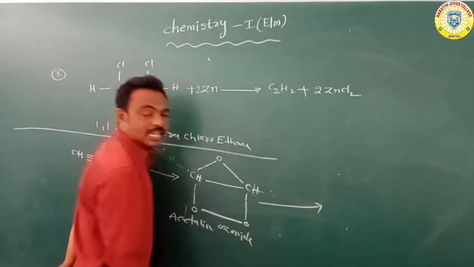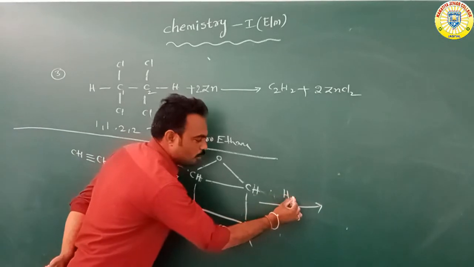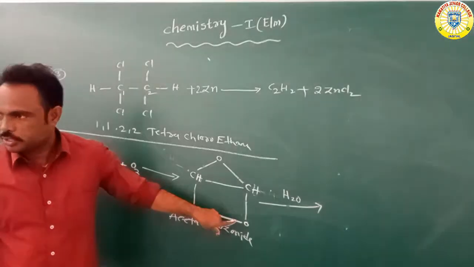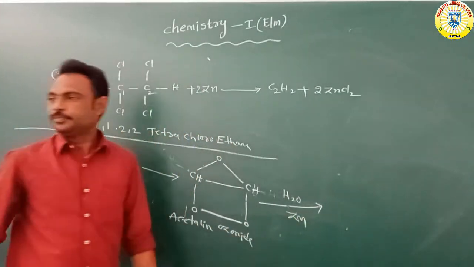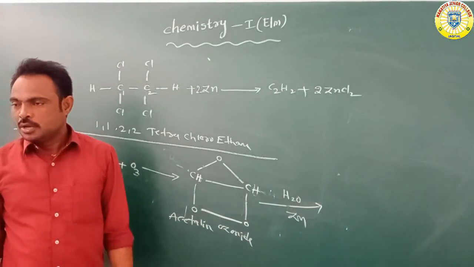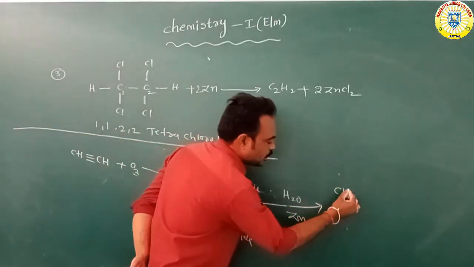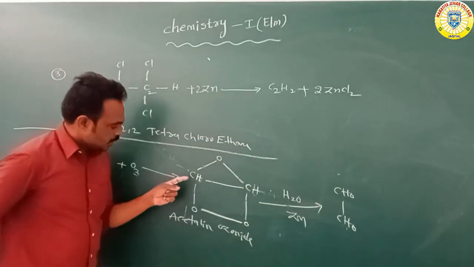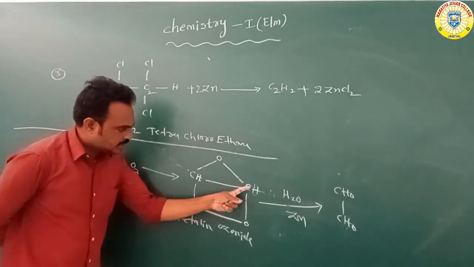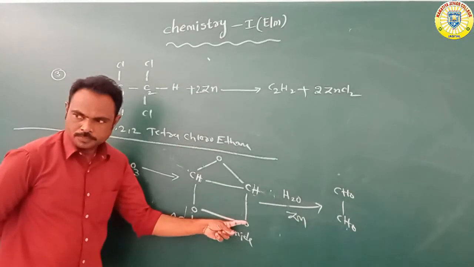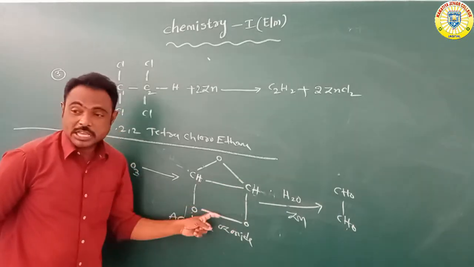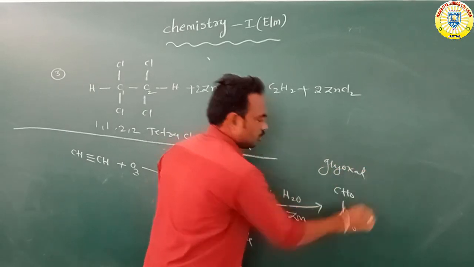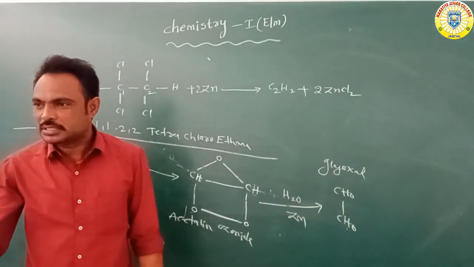When this acetylene ozonide reacts with water molecules in the presence of zinc, to form in this reaction, CHO bond CHO. Do you understand? CHO bond CHO, it is glyoxal. What is the formula of glyoxal?